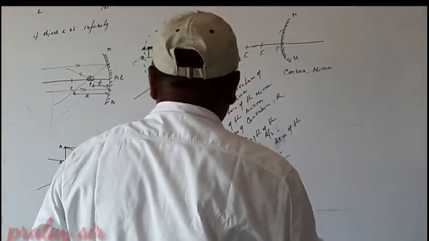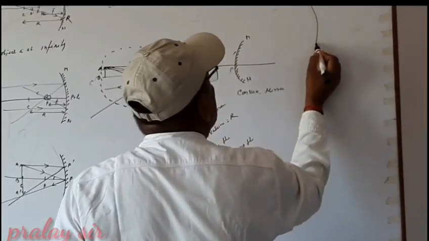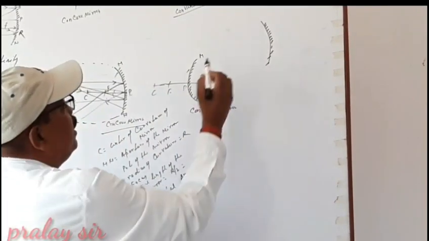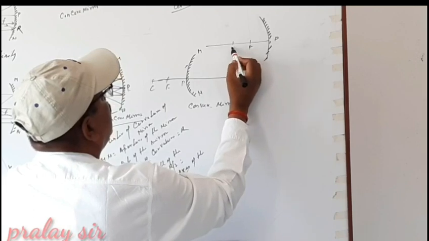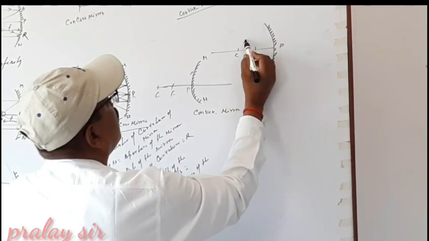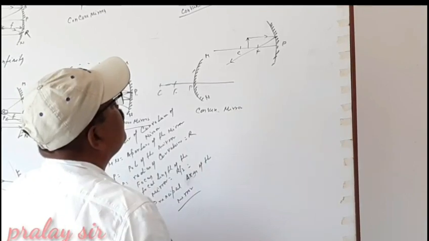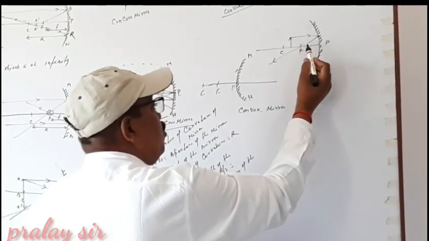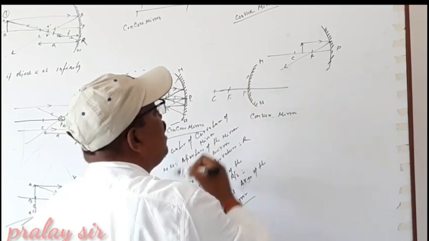The third case is that if you have again the pole P, here is the focus F, and this is C. If we are keeping our object between C and F, the incident ray again passes through the C, passing through the F, because after reflection a ray that is parallel to the principal axis always passes through the focus F. After reflection it is going in this direction.